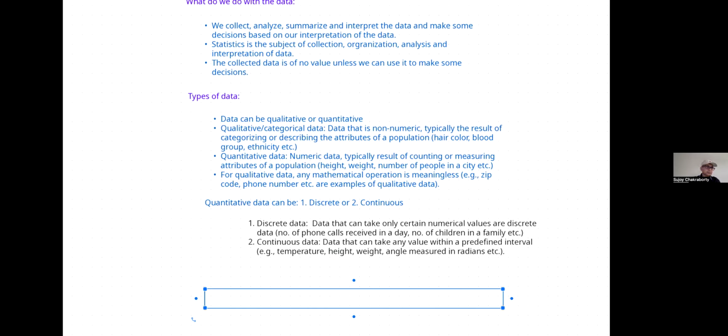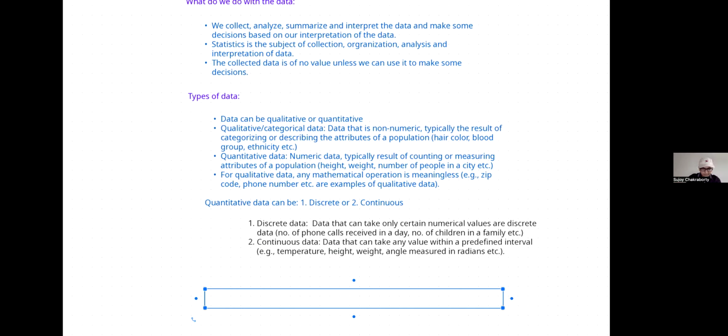This is basically the quantitative data that we have discussed. In statistics, we use the term random variable more often than just variable. It can take various different values at different points of time, which is why it's a variable and not a constant.